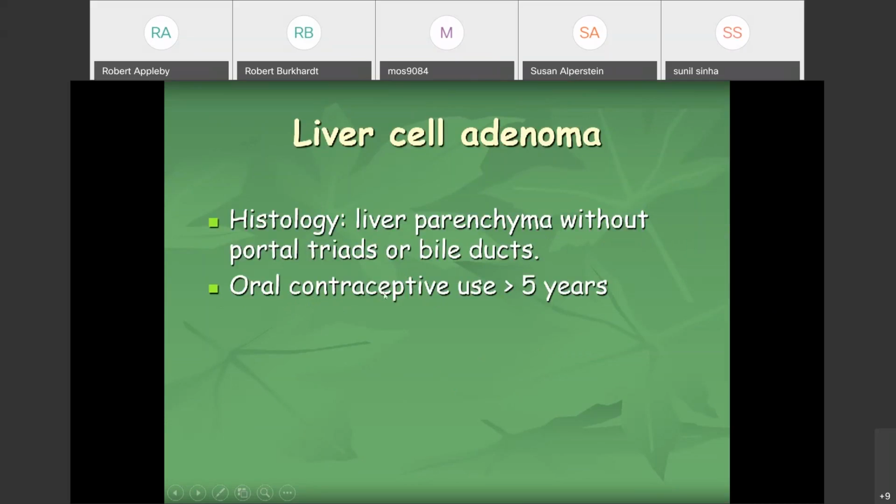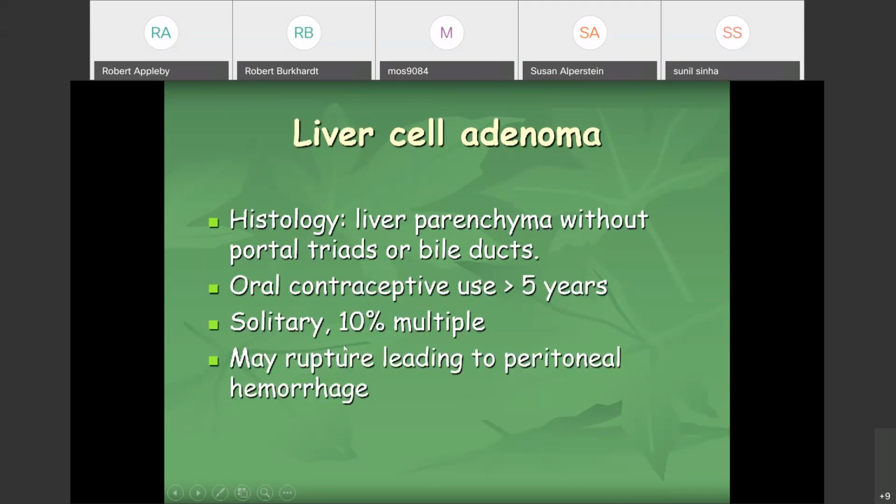Sometimes associated with oral contraceptive use. Mostly solitary, 10% multiple. And when it gets to be too big, it may rupture, leading to hemorrhage.